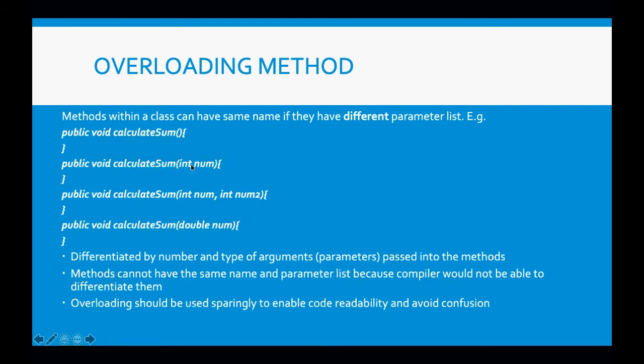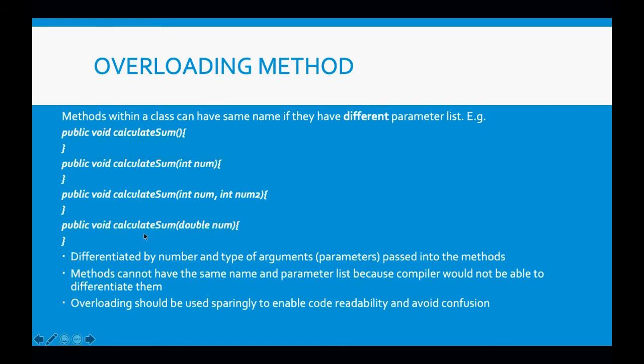As you can see, the second one has an integer num, the third one has an integer num and num2, and the fourth one has a data type of double. Overloaded methods can be differentiated by the number and types of arguments passed into the method.